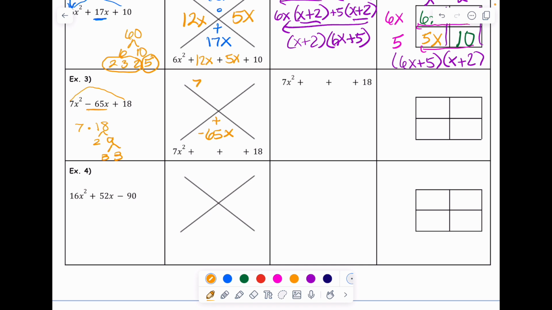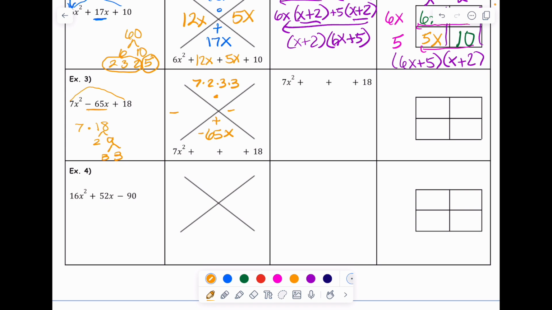So up here I have a 7, a 2, a 3, and a 3. And I need to be getting that product, which means I use all of those factors. But when I add these two things together, it needs to be negative 65. So since my product is positive, I'm either going to use a positive times a positive or a negative times a negative. So definitely we're going to have a negative times a negative.